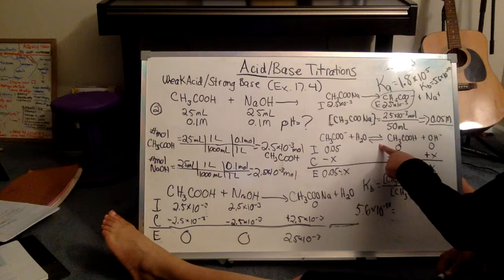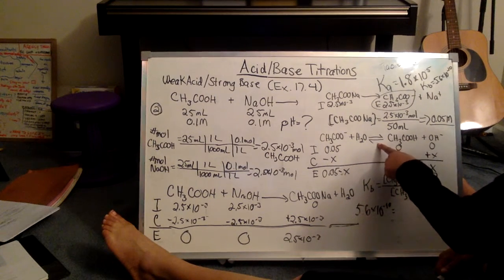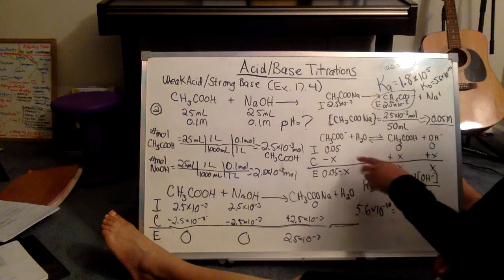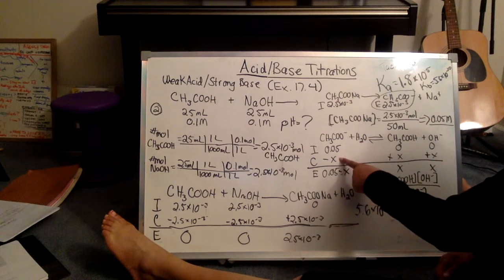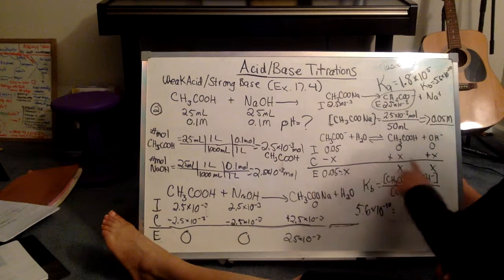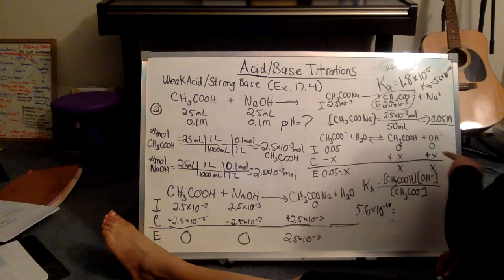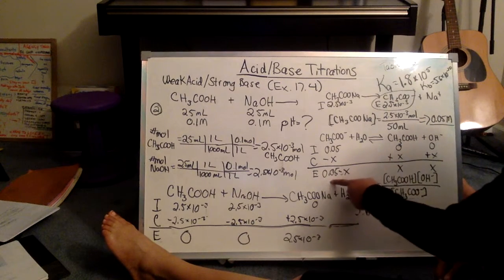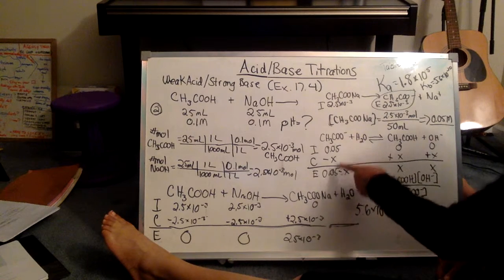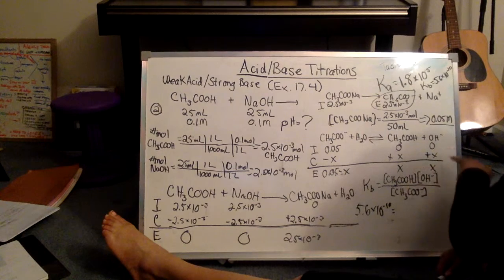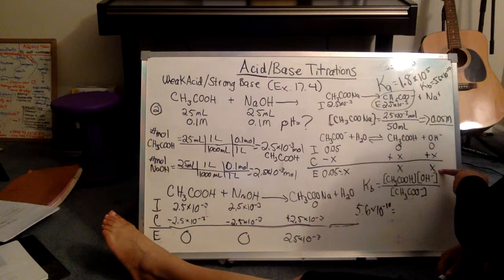And this is a partial dissociation, so we have to account for that. So partially dissociates, so the change is at minus X, so not all of this gets formed into acetic acid and OH, just a piece of it. So that's minus X, and plus X. So we end up with equilibrium concentrations of 0.05 minus X for the conjugate base, and for X for the acetic acid, and OH we end up with X.